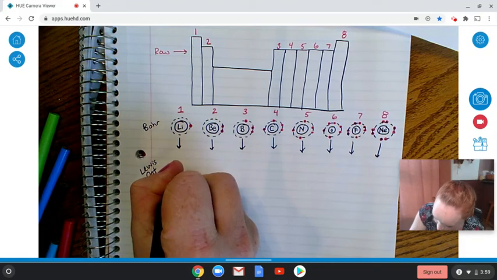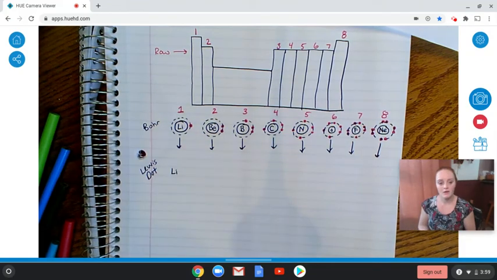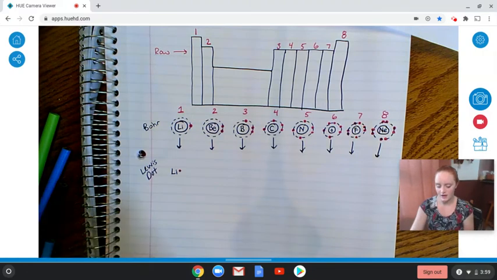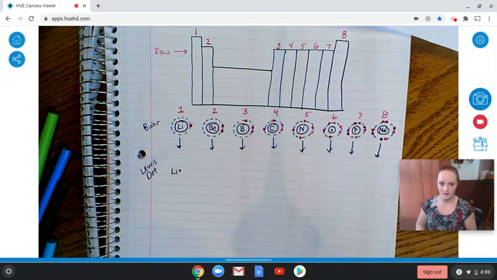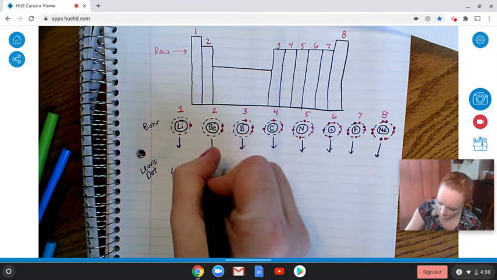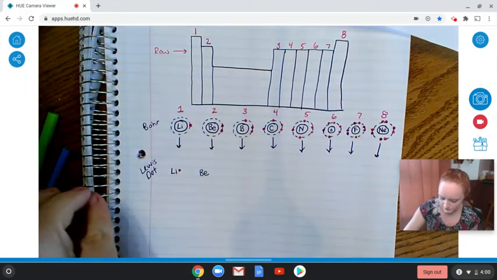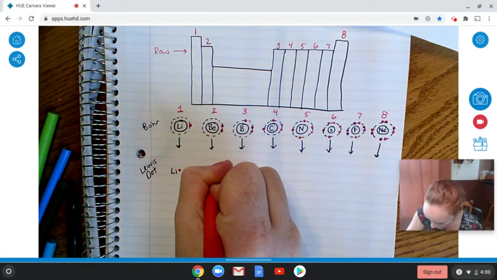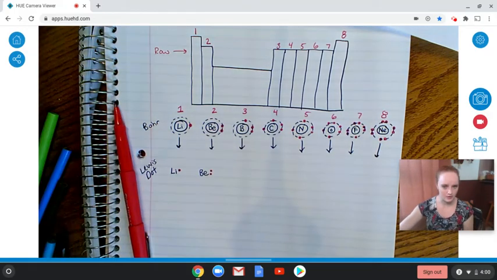So for example, lithium has 1 valence electron. So on its Lewis dot structure, we denote 1 valence electron at what would be like 3 o'clock on a clock. Beryllium has 2. So we put 2 valence electrons at 3 o'clock.